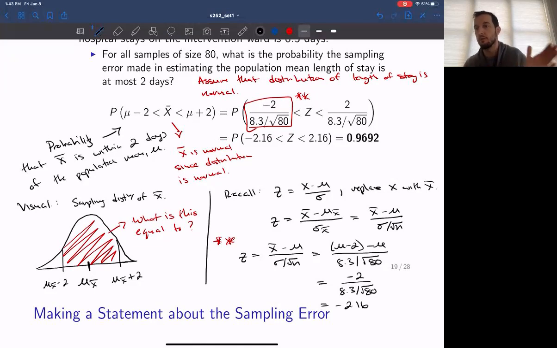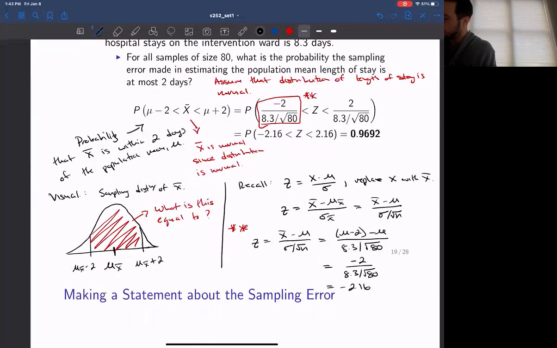So I can either be 2 days early or 2 days late. Now, because of normality, I'm able to progress in this way. So all of this work is a result of that normality assumption. Now, once I have the negative 2.16, the last part here is returning to the normal table and using the properties of the normal table to find the area underneath the curve.